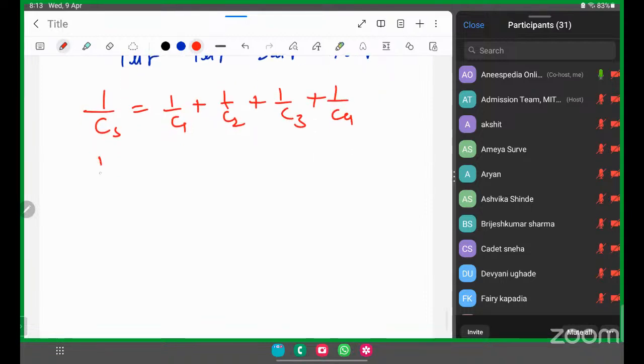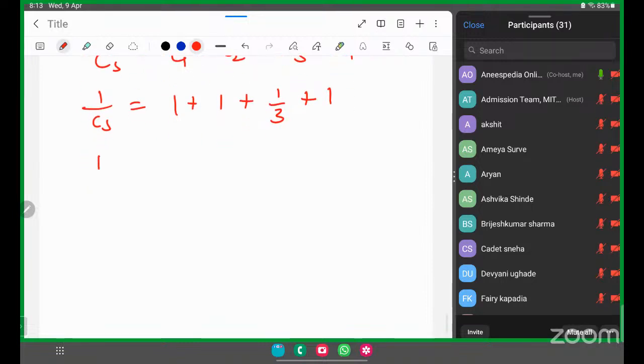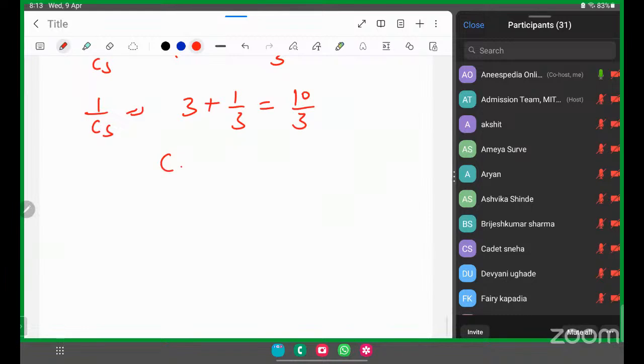The values will be 1 upon 1 is 1, 1 upon 1 is 1, 1 upon 3, and 1 upon 1 is 1. So 1 upon Cs will be 3 plus 1 upon 3, that is 9 plus 1, 10 by 3. If you reciprocate it, Cs will be 3 by 10, that is 0.3 microfarad. Understood or any doubt?